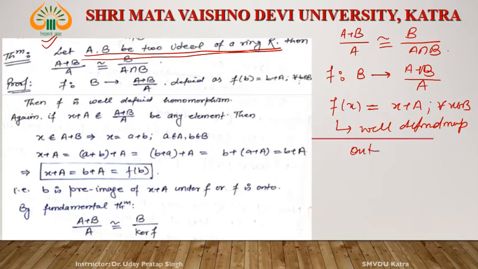This is onto also, you can prove it. So this f is an onto homomorphism.